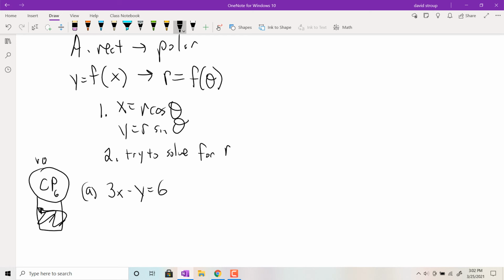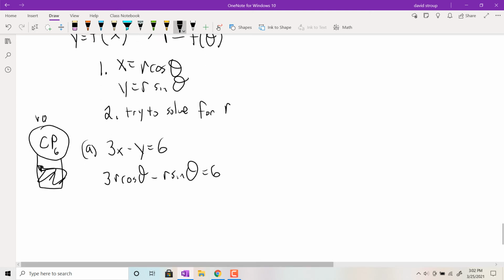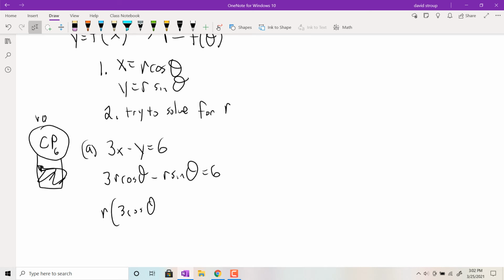Right? So this will be 3r cosine theta minus r sine theta equals 6. Okay. You can factor out an r. And you have 3 cosine theta minus sine theta. You want to solve for r. Okay, so you're going to divide both sides by this object.